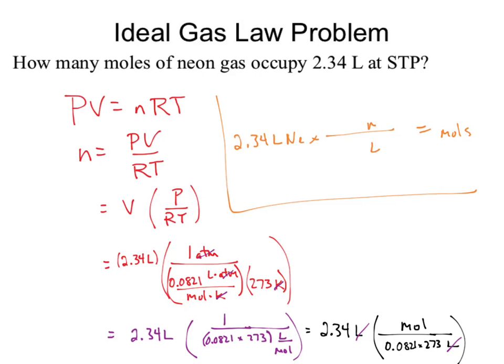How do you convert liters to moles? 22.4 liters is 1 mole. When is that true? Standard temperature and pressure. Are we there? Yes. When else does it need to be true? It has to be a gas. Are we a gas? Yes. Cool. So there it is.